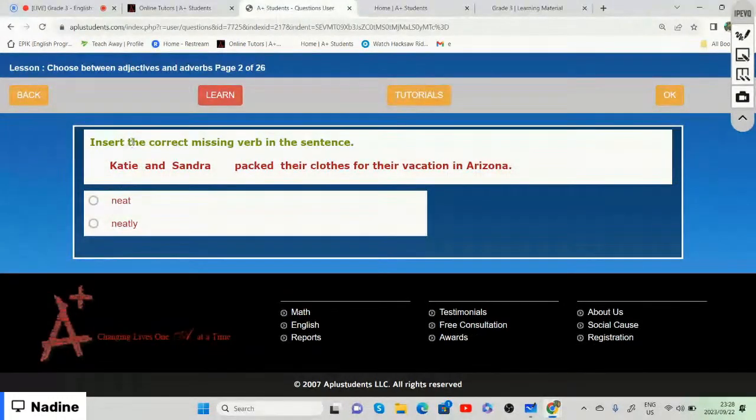Katie and Sandra, we need to insert the correct missing word. So Katie and Sandra, is it neat packed their clothes for their vacation in Arizona, or neatly packed their clothes? Did they pack it neat or did they pack it neatly? Neat or neatly?